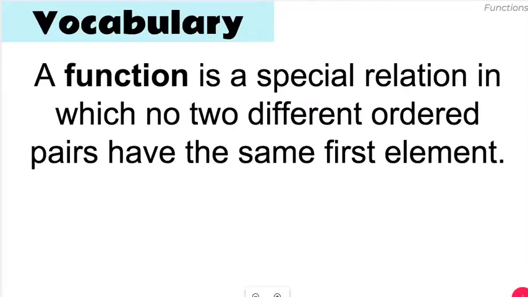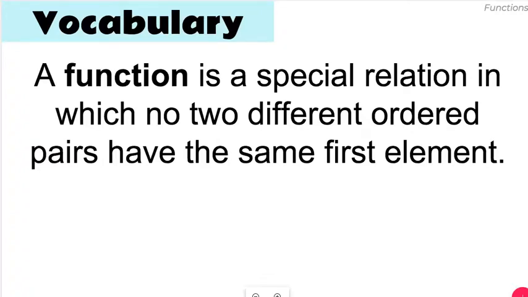Here's an official definition of a function. A function is a special relation in which no two different ordered pairs have the same first element.